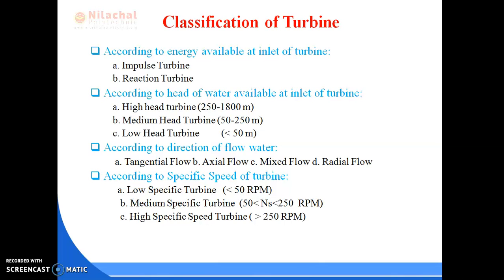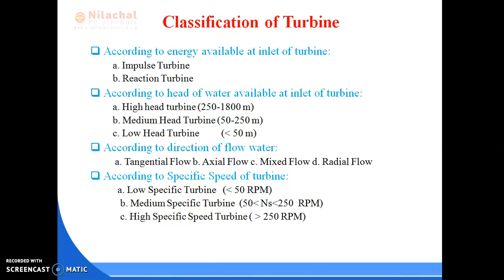So if the penstock is providing the water at a height of 250 to 1800 meter, the type of turbine is known as a high head turbine. Medium head turbine means the height through which the water enters the turbine unit is between 50 meter to 250 meter.